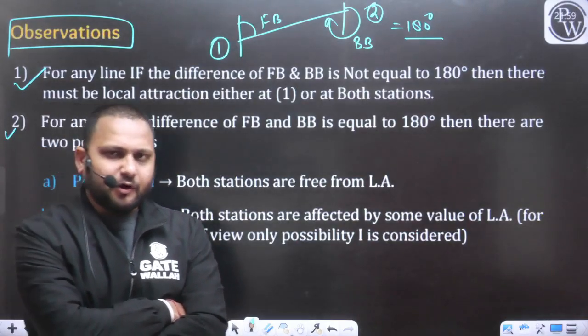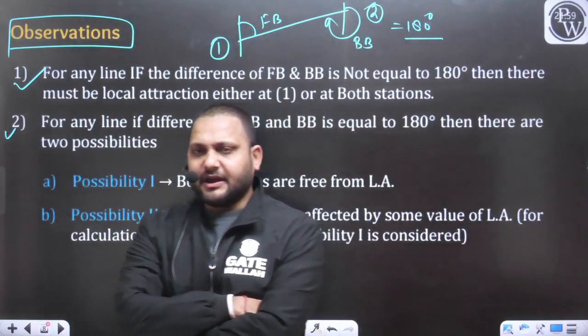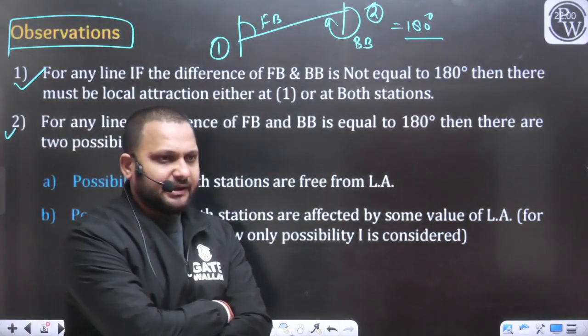Tell me in the chat box. If for any line we are getting the difference of the fore bearing and back bearing as 180 degree, what does it mean?